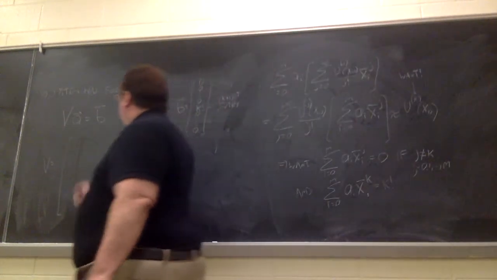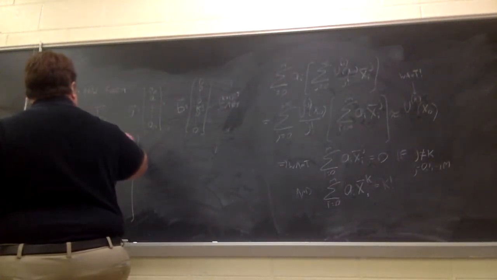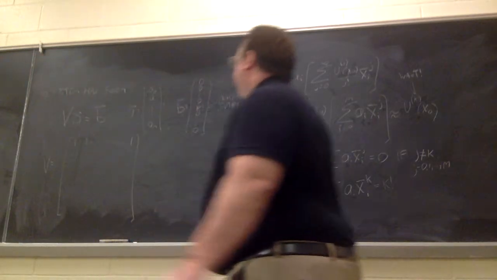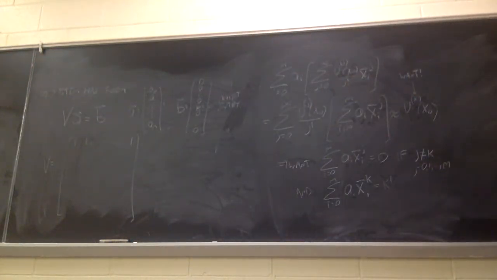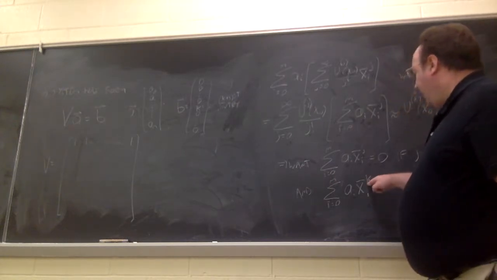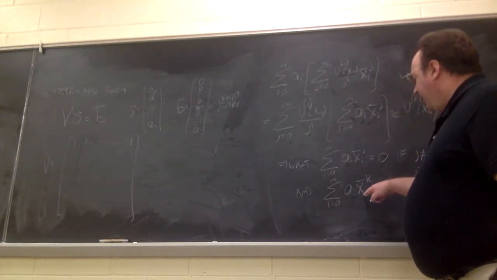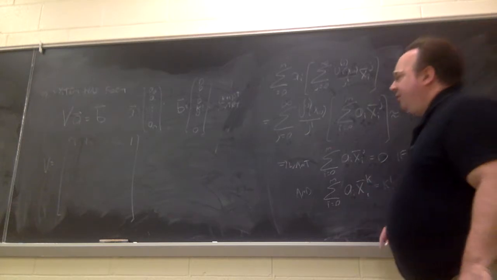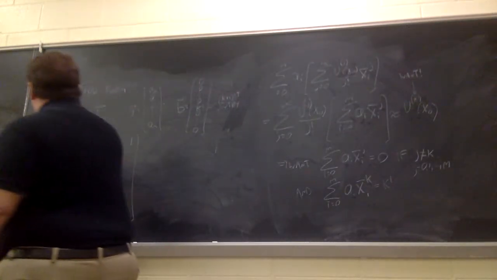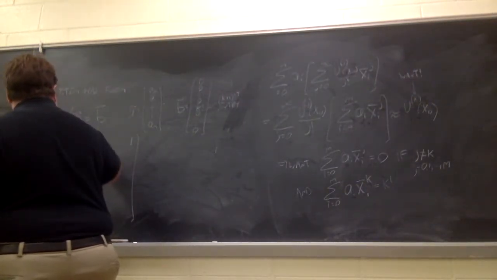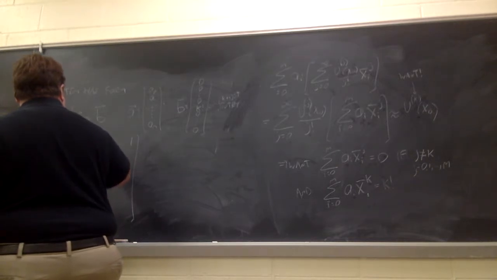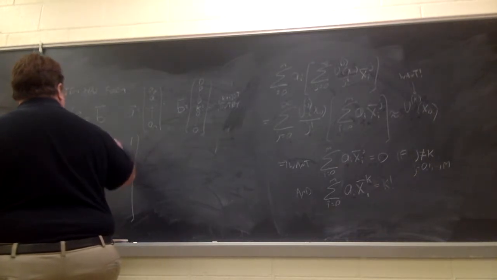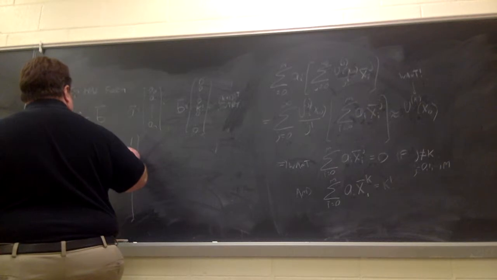So the first row is going to be all ones. Now, for the second row, k is equal to 1, so I have all these to the first power. So you're going to have x0 bar, x1 bar, up to xm bar.